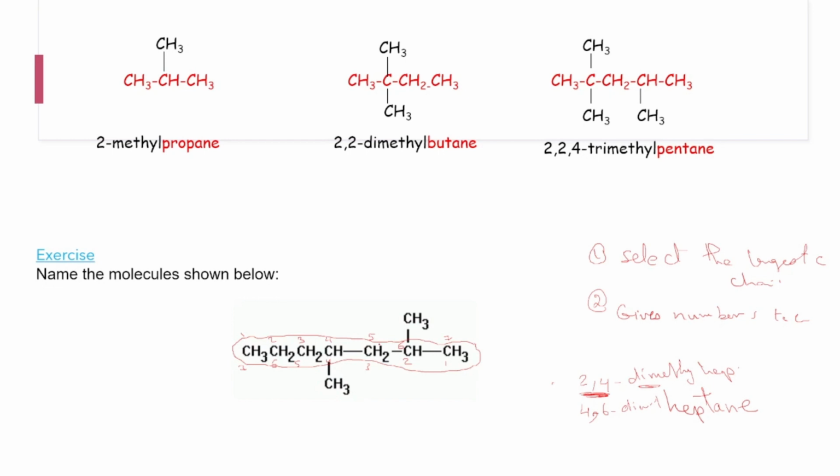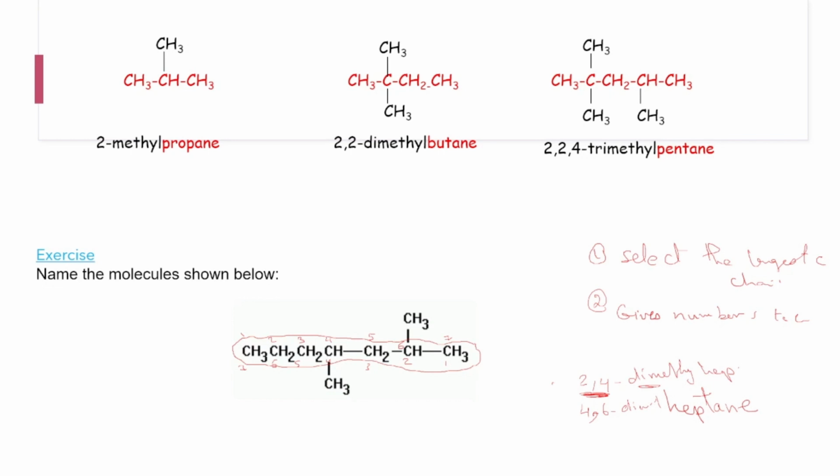Now let's summarize what IUPAC rules we have learned so far. First, select the longest carbon chain. Give the longest carbon chain the corresponding alkane name.